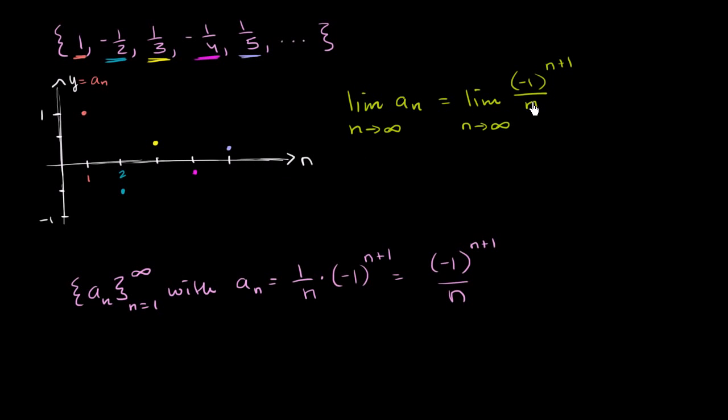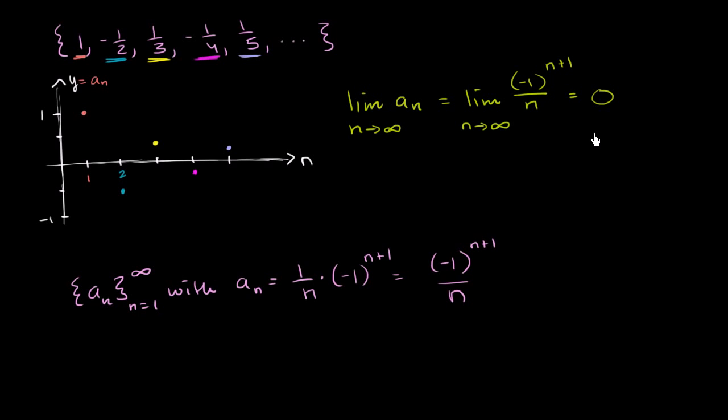But this is still just a limit as something approaches infinity. I haven't rigorously defined it yet, but you can conceptualize what's going on here. As n approaches infinity, the numerator is going to oscillate between positive and negative 1, but the denominator is just going to get bigger and bigger and bigger. So we're going to get really, really small numbers, and this thing is going to approach 0.